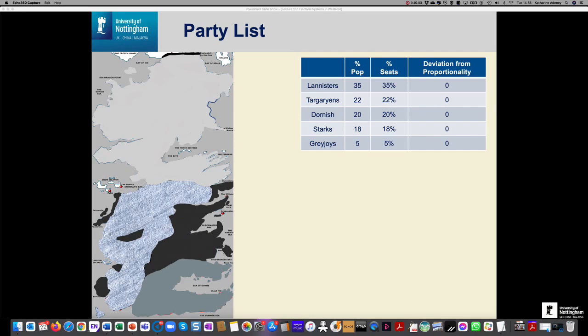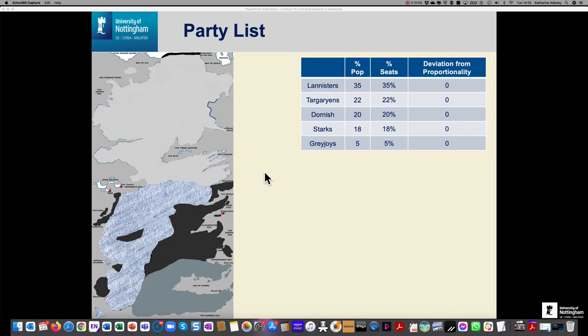And then that would have to be taken into account. So in this example, the Starks have 18% of the population, they get 18% of the seats, but those 18% of the seats would then have to be allocated depending on the preferences for the individuals on that list that people had expressed in the Stark area.